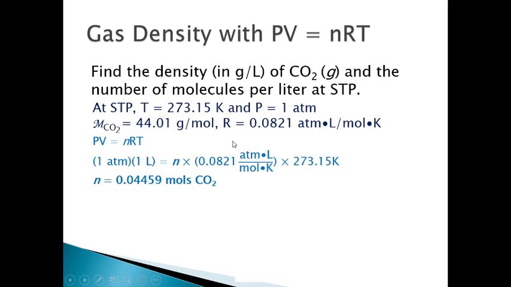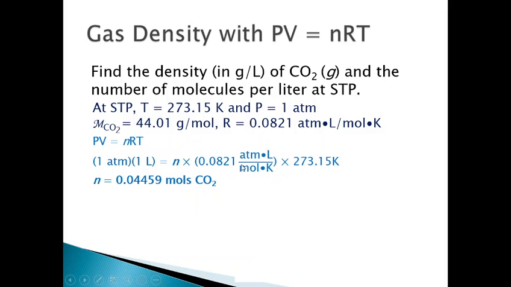And so we can set up our equation, PV equals nRT, plug in our pressure of 1 atmosphere. Plug in our volume of 1 liter, again, just because the way the question stated, I'm asking about density in grams per 1 liter. I'm asking about number of molecules per 1 liter. So if we solve for this per 1 liter, we already have our answer in the form that we need it.